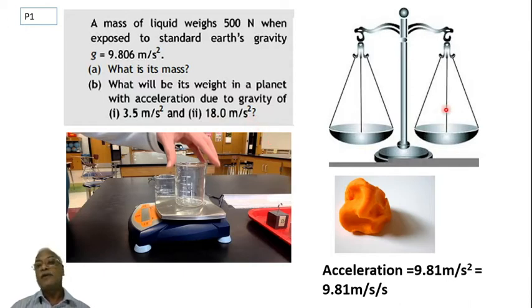Now here there are balances. When you put an object here, it will be counterweighted by standard weights, right? Weight is nothing but a force vertically downwards which will be acting on this pan.